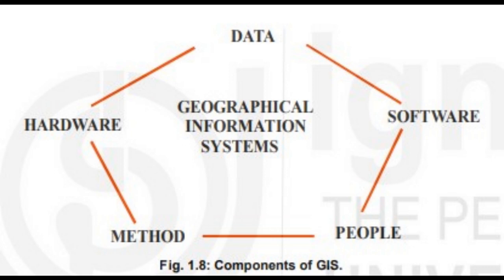The components of GIS include the computer systems, the software, spatial data, data management and analysis procedures, and the people to operate the GIS. Fig. 1.8. Data forms the major component of GIS. With recent developments in remote sensing and GPS technologies, a large volume of high-resolution data is widely available at affordable cost. The remote sensing data and GPS data are used as input in GIS.